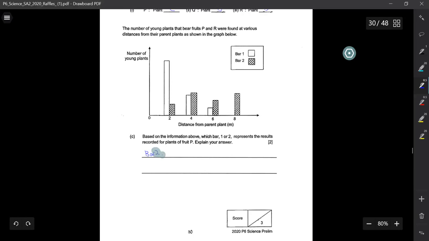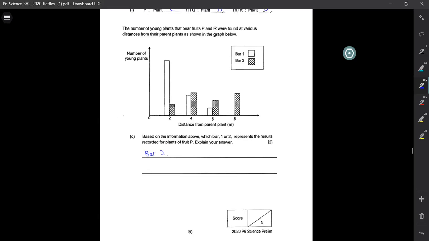Bar 2 would make the most sense here. And this is actually because the number of young plants at each distance is varied, right? If we're looking at the bars.